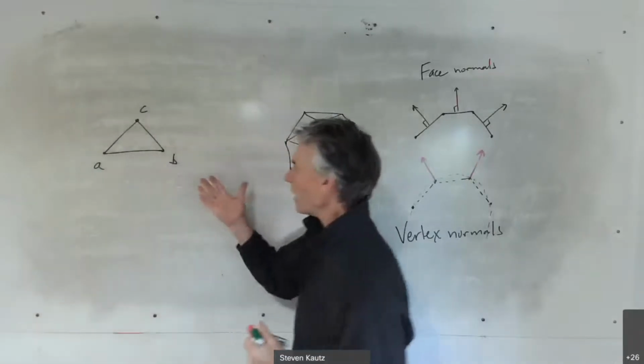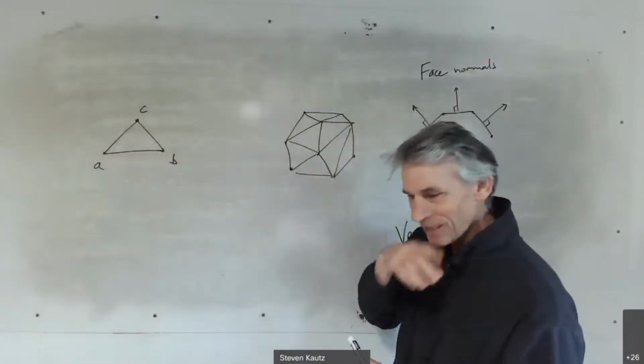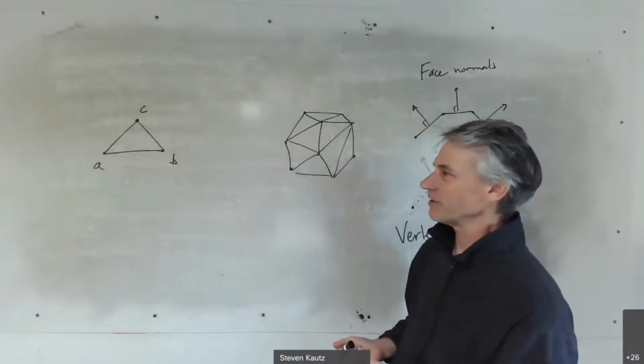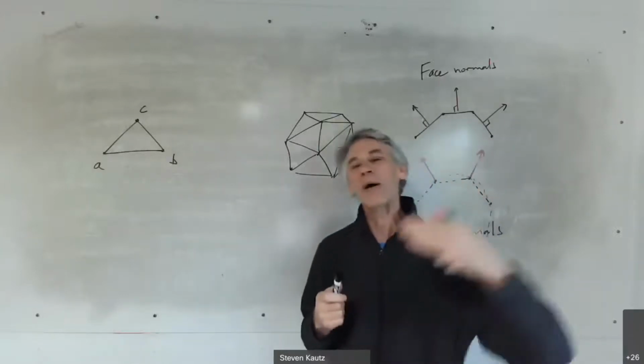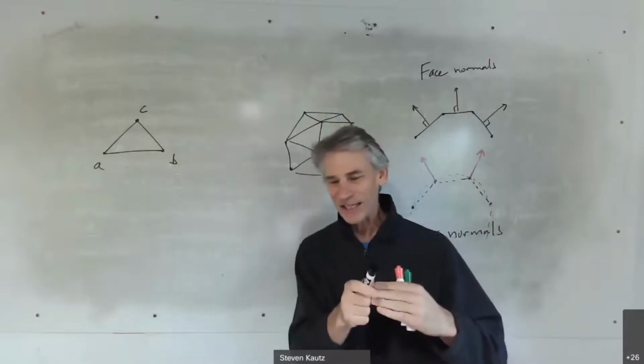In other words, which way is that polygon facing? And this makes a difference when you're calculating normal vectors, because the normal vector needs to point outward so you can check its interaction with the light.